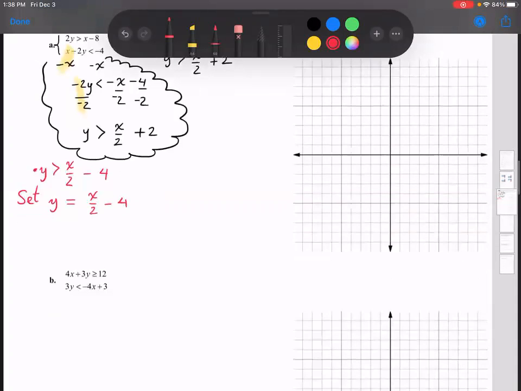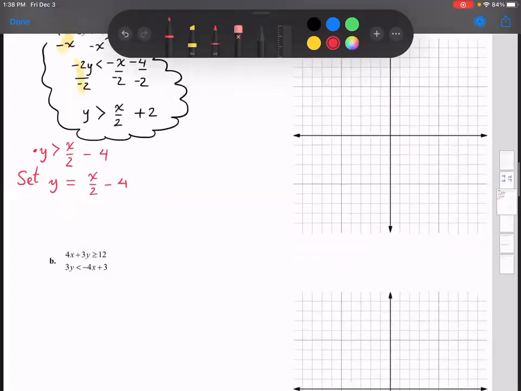How do you figure out the line? Rise over run, right? So what's the slope here? 1 over 2. Thank you, Justin. And then the y-intercept? Good, 0, negative 4.